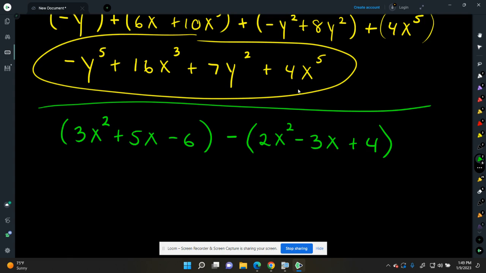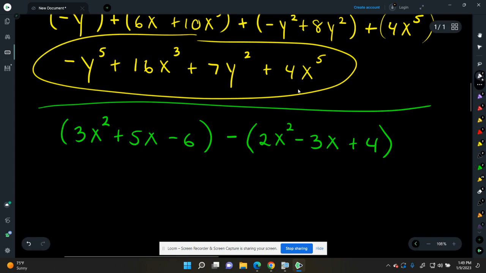Okay, so what we're going to do when we have subtraction, there are lots of different ways of approaching this, but this is how we're going to handle it. We're going to change it to plus, and then we're going to switch the sign of everything inside that parenthesis. So instead of 2x squared, it'll be negative 2x squared. The minus 3 becomes a plus 3. The plus 4 becomes a minus 4.